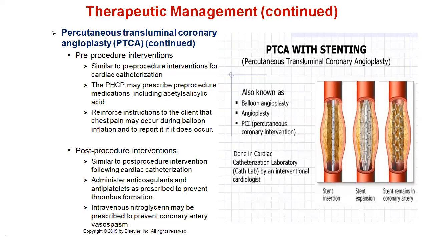So PCI, the procedure is to open the coronary arteries and is performed within 3 hours of onset of MI symptoms. PCI has 3 types. One is called atherectomy, another is placement of the stent, and PTCA. This is the PTCA, meaning percutaneous transluminal coronary angioplasty.